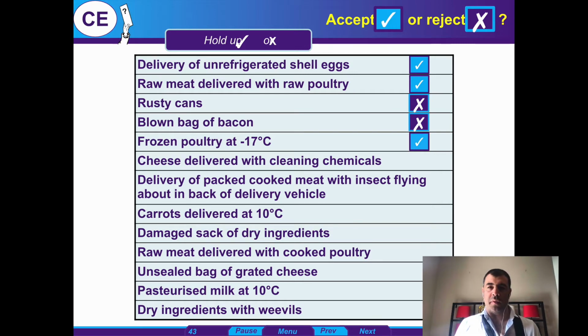Cheese delivered with cleaning chemicals, that we would reject too. You would never accept a delivery of food with cleaning products. Delivery of packed cooked meat with insects flying about the back of the delivery vehicle. So I'll let you think about that one for a second.